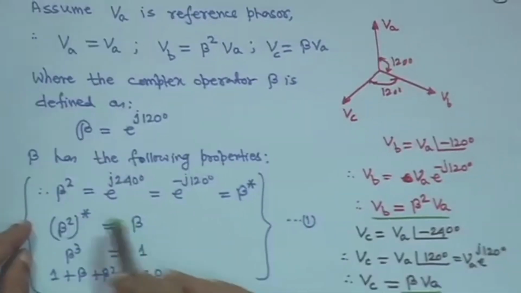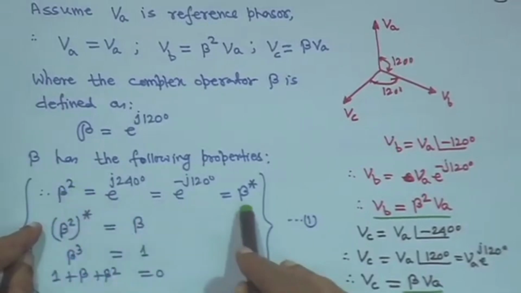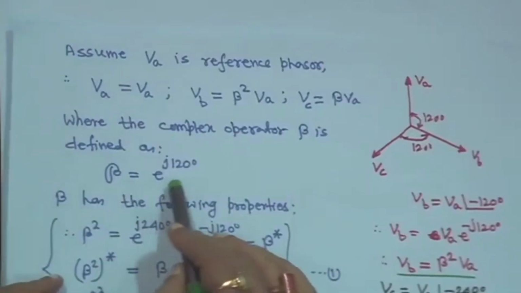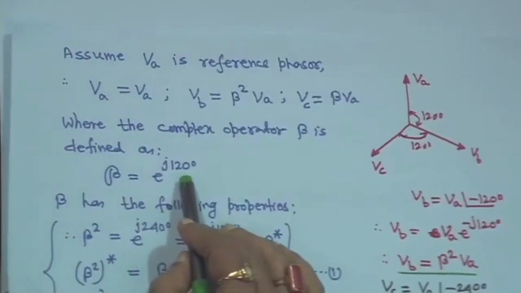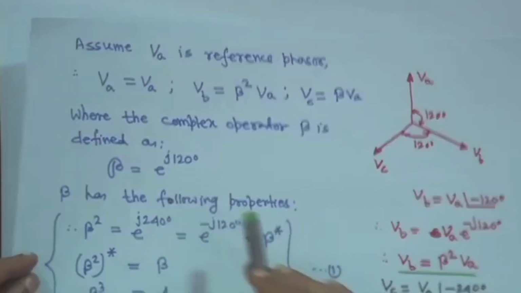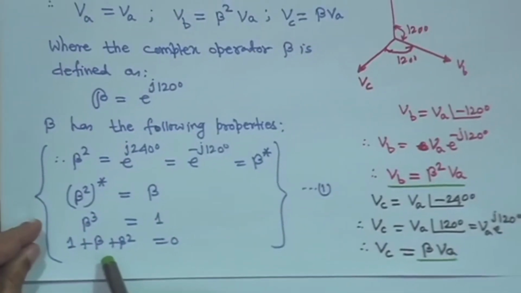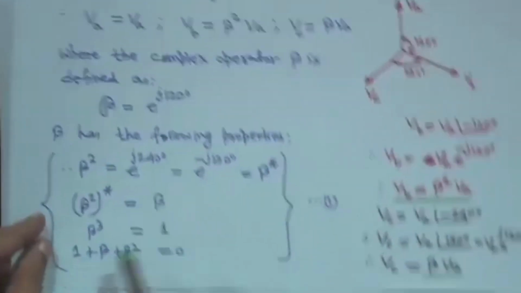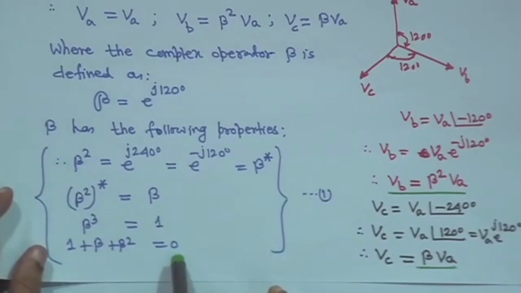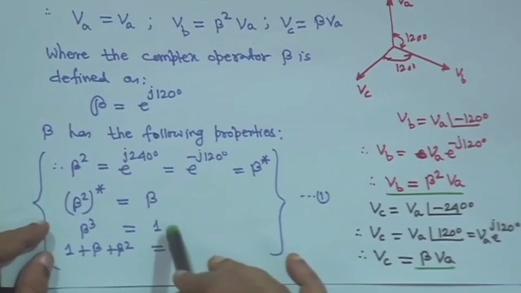Beta cube is 1, because beta cube means e to the power j360 degrees, that is cos 360 plus j sin 360, so it is 1. Also, 1 plus beta plus beta square is equal to 0. These conditions will be applicable now.